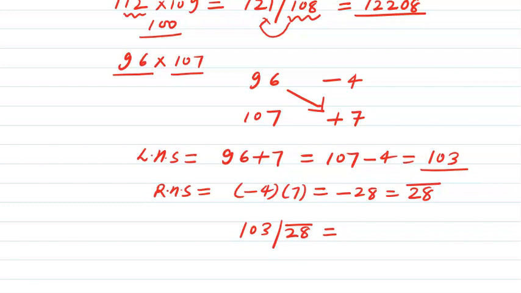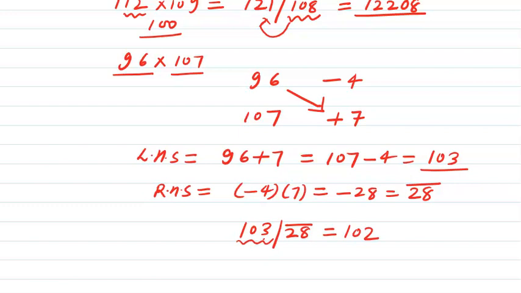So what I have to do is take one carry from the left side to the right side, right? So if I take one carry, this 103 will become 102. And when I take one carry, basically I am taking 100 to this side because this is a 100th place digit, right? So if I am taking 1 to this side, basically I am taking 100.